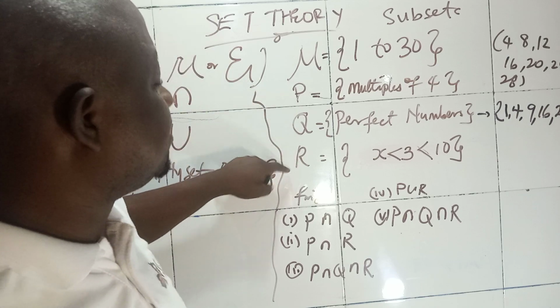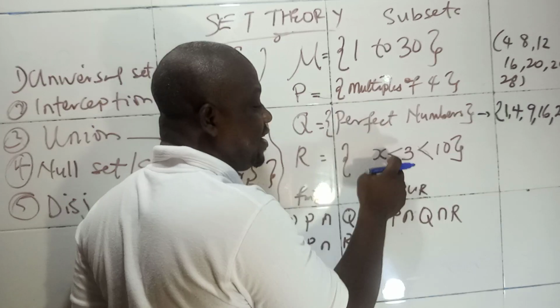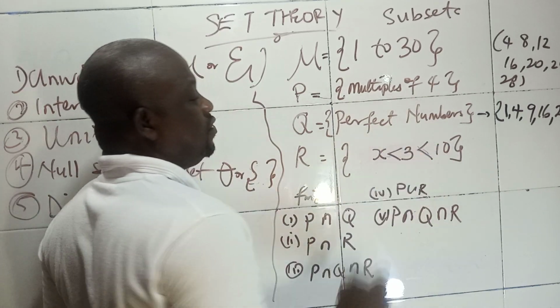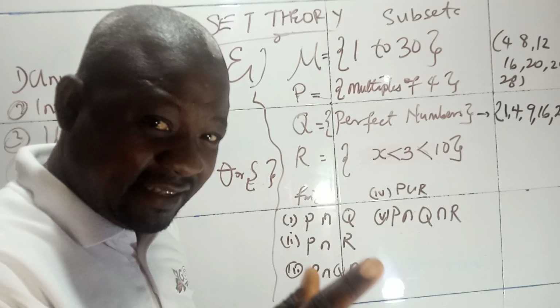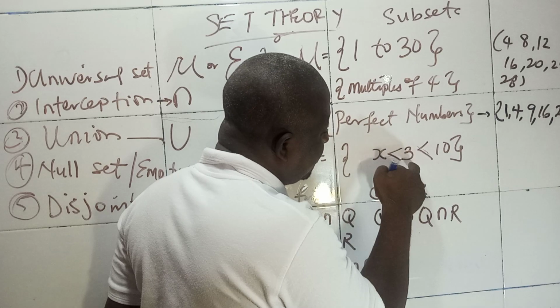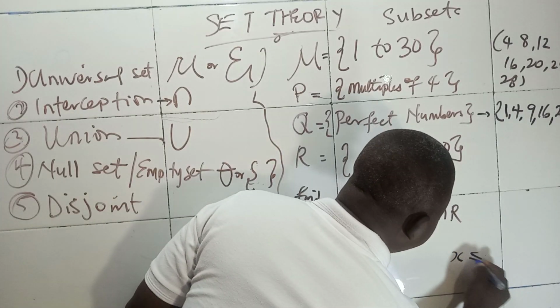Now next is R. Then I say R is x such that 3 is less than x and x is less than 10. If you want to interpret this, listen. If I say x is less than 3, it's different from me saying x is less than or equal to 3.